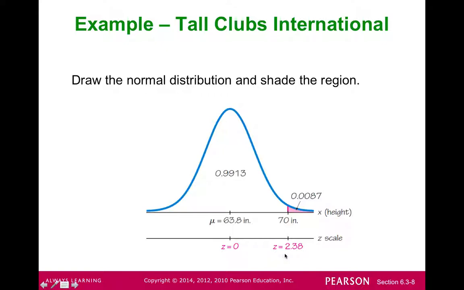So using this 2.38 that we found, we're going to consult our z-score table. It's going to be on the positive side of the z-score table, and we're going to find that the area or probability that corresponds with 2.38 is 0.9913. And again, because your z-score table always reads the area to the left.